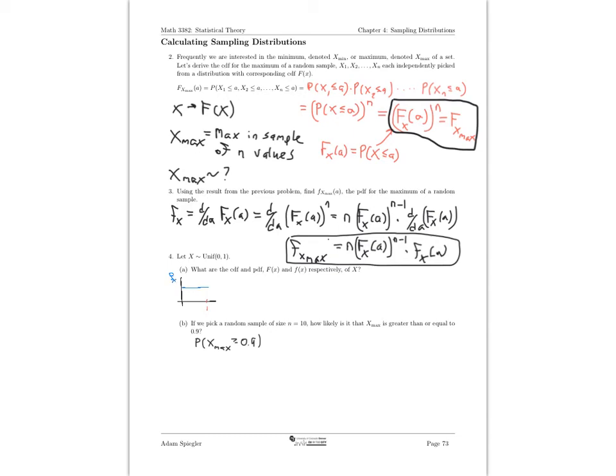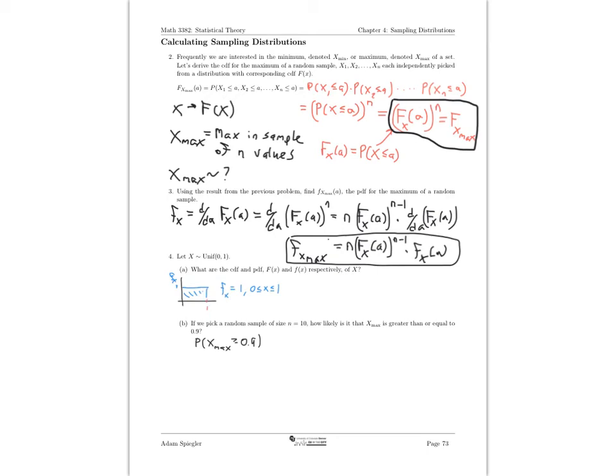And if we want the area underneath the PDF to be 1, then the height of this region should be 1. So long story short, the PDF here is equal to 1 as long as x is between 0 and 1, and it's going to be 0 otherwise.